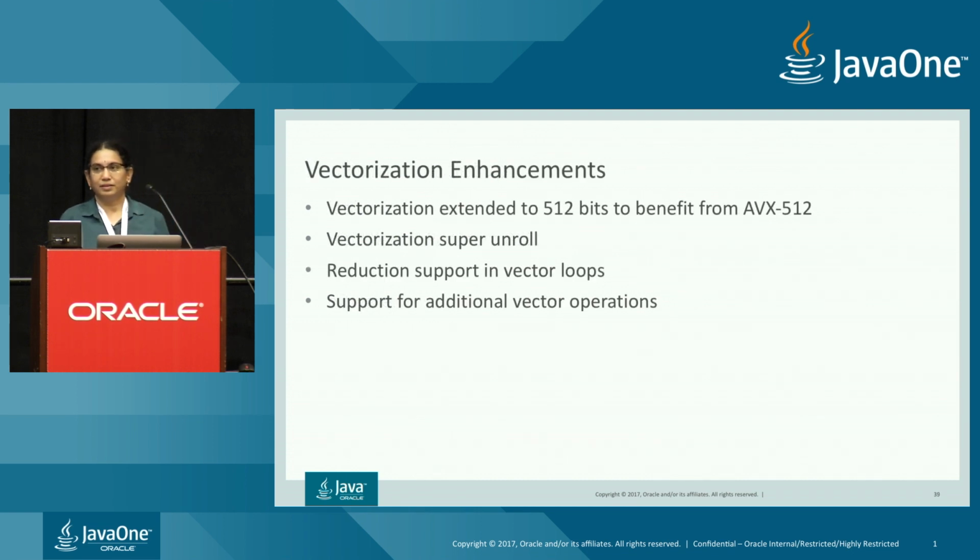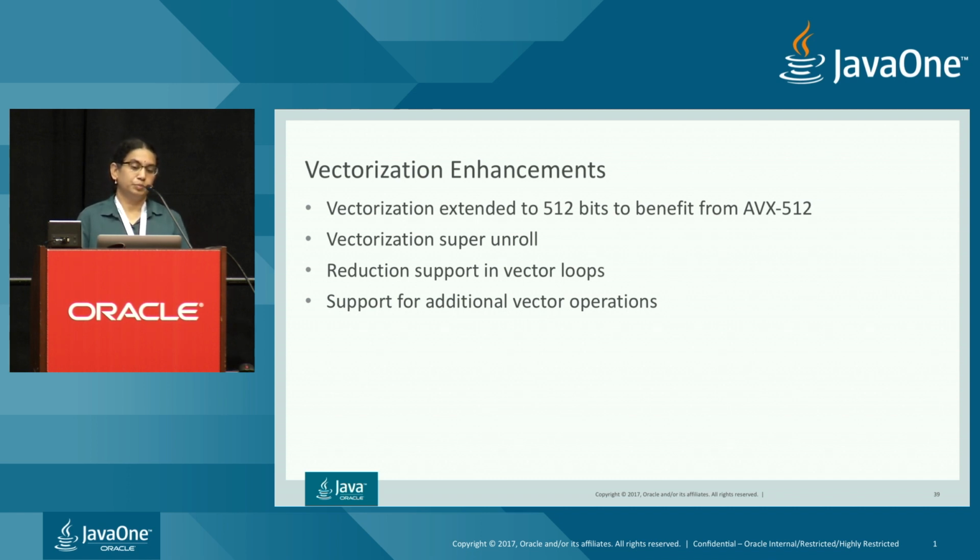So on the vectorization enhancements, we extended the vectorization to 512 bits. The JVM JIT, as in JDK 8, already supports auto-vectorization. They do superword auto-vectorization. So that has been now extended to 512 bits to benefit from the AVX 512 that is supported on the Skylake platform.